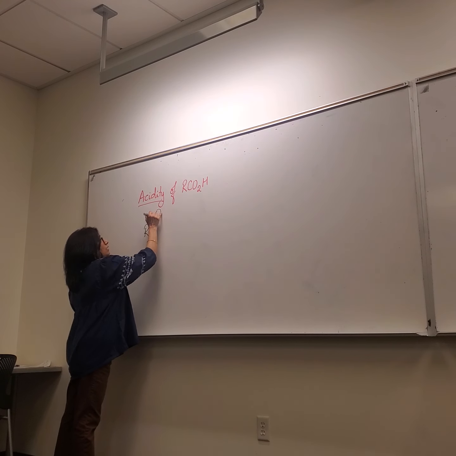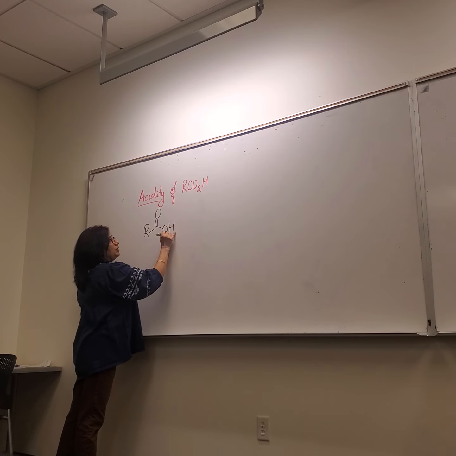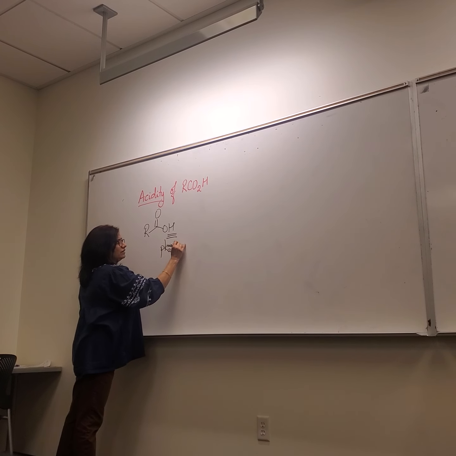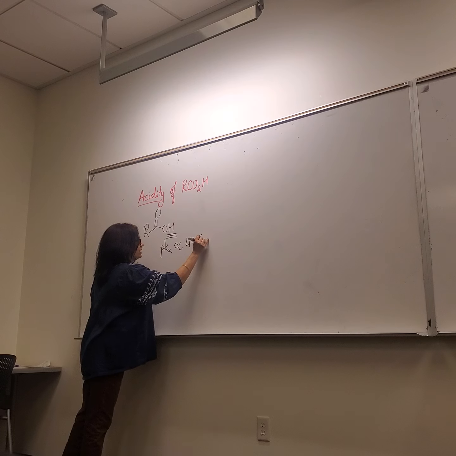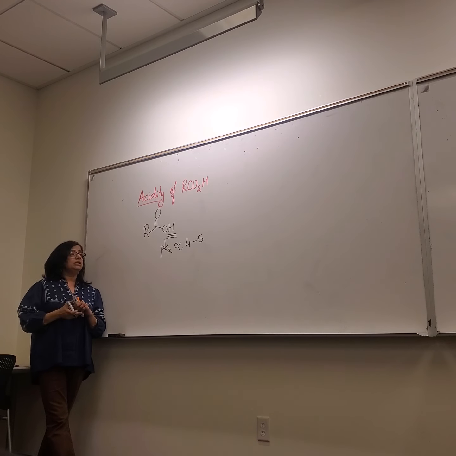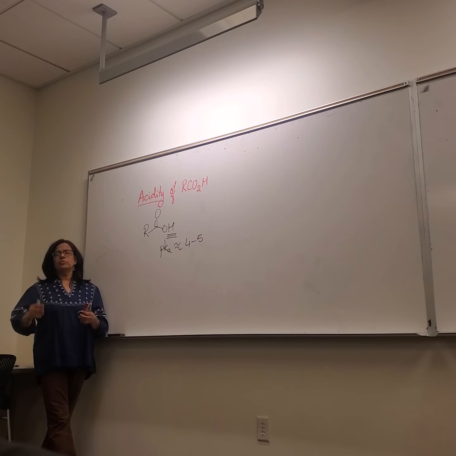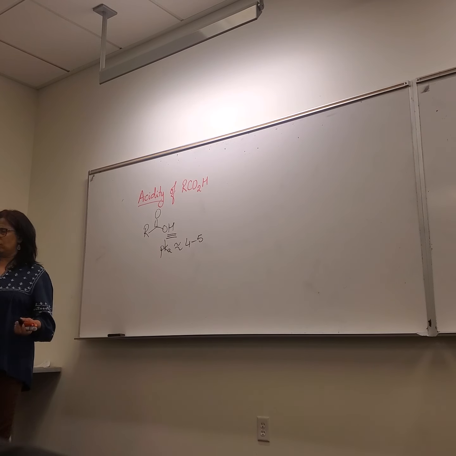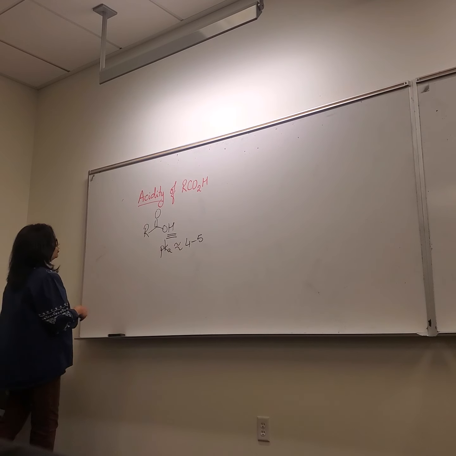Typically speaking, a carboxylic acid pKa is around 4 to 5. As you can see, they're not very strong acids, especially if you compare them with things like sulfuric or nitric or hydrochloric acid that we are more familiar with.